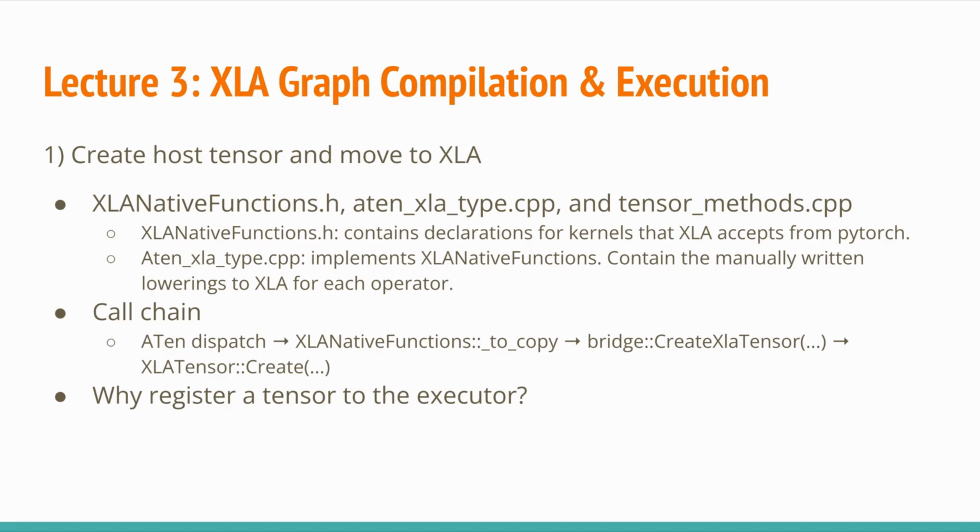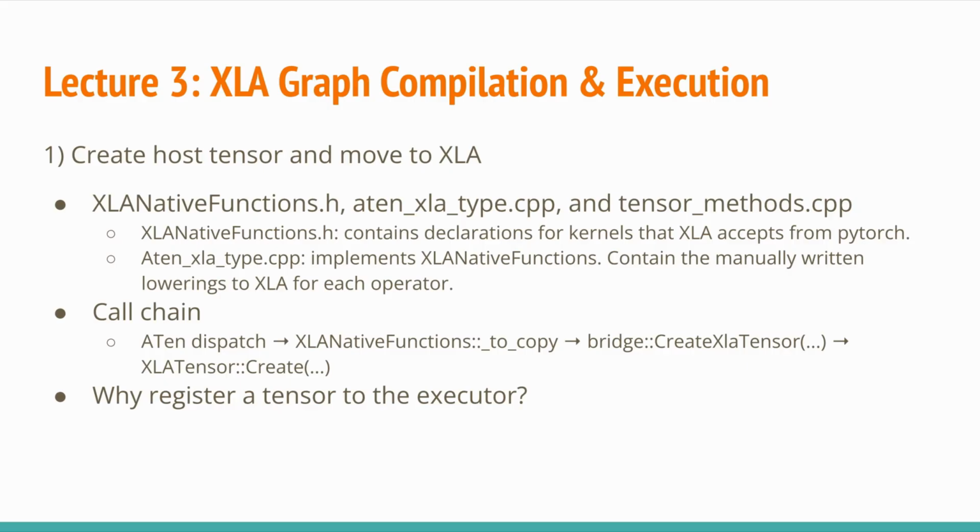They contain the manually written lowerings to XLA for each operator. The XLA native function header file is auto-generated. It utilizes the code generation mechanism used by PyTorch. It contains the declarations for kernels that need to be defined in a10xla type.cpp.